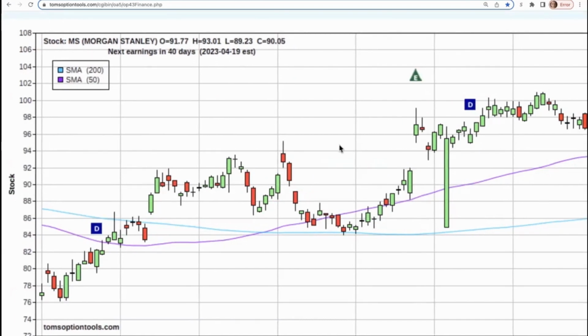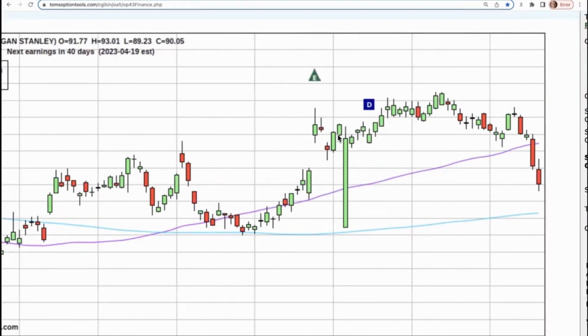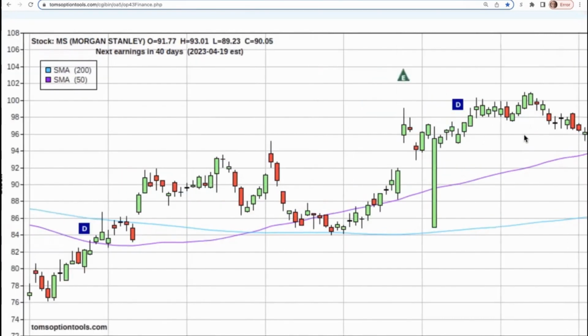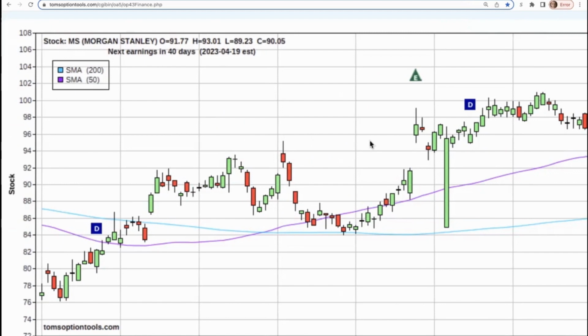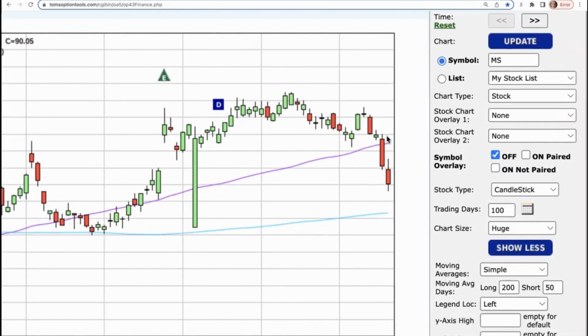If you look at 96, support there, resistance, support, resistance, support, resistance. That would be about as close as I'd like to get. And if we were to sell there at 96, remember, that's our line in the sand. 96 is where we need the stock to stay below in order to collect some profit.